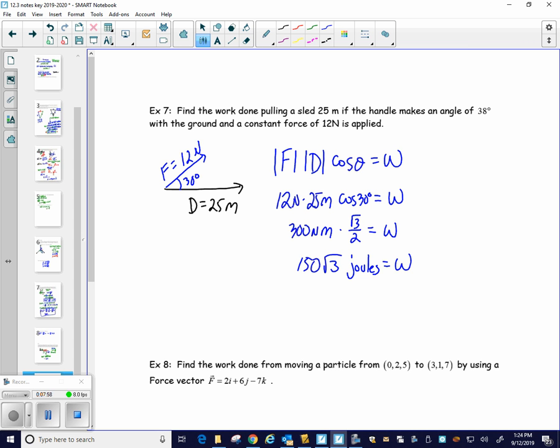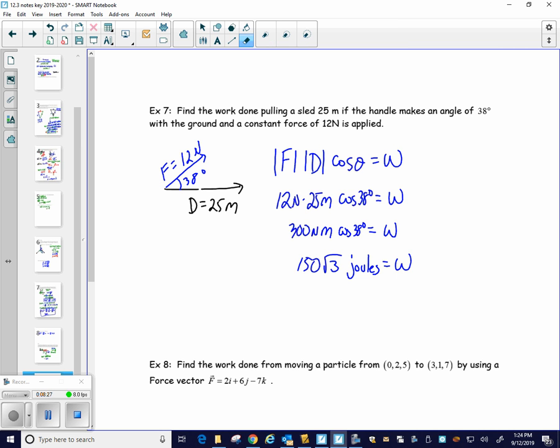And in case you didn't already catch it, I have made a mistake and I apologize. I did not read very carefully. This is not 30 degrees, it is 38 degrees. So let's fix that. And that makes a big difference because now it's not a unit circle value. So I have to take that out and write cosine of 38 degrees.